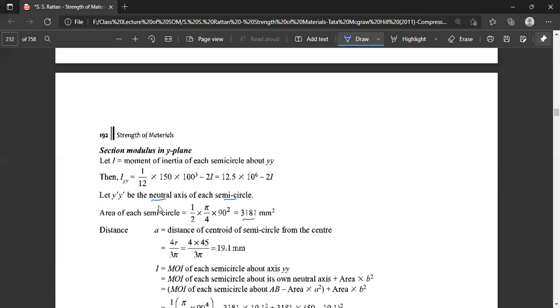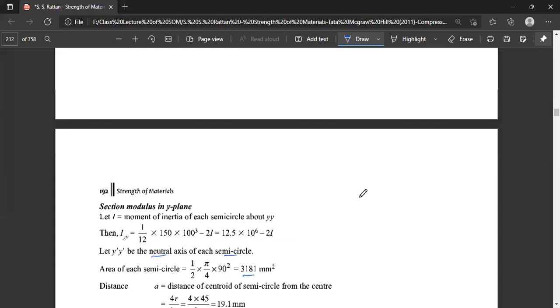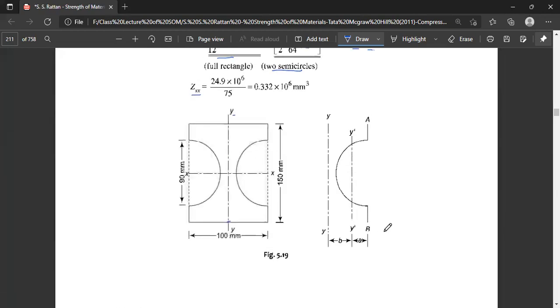A is the distance of the centroid from the center, that is 4 times r divided by 3 times pi, where r is the radius. The distance of the centroid of the semicircle from the center is 19.1 millimeter. What I've shown is the centroid.